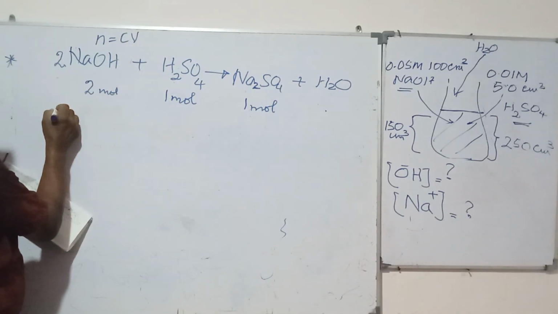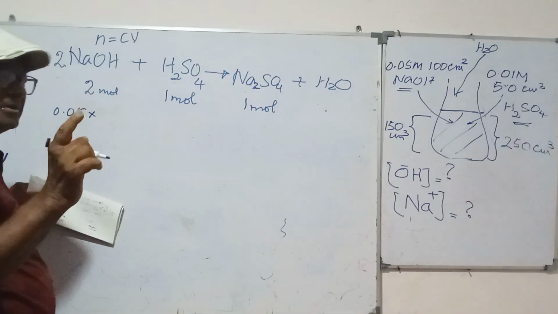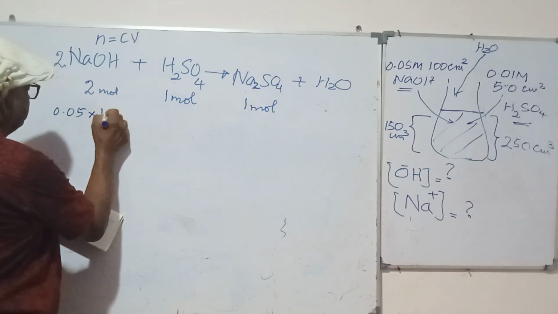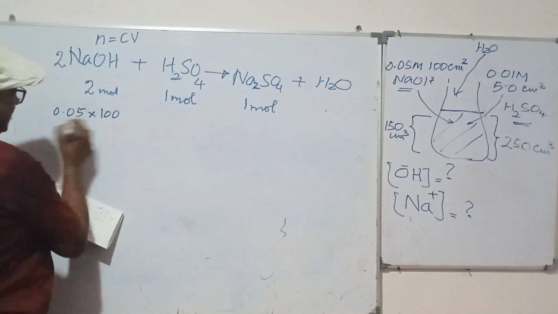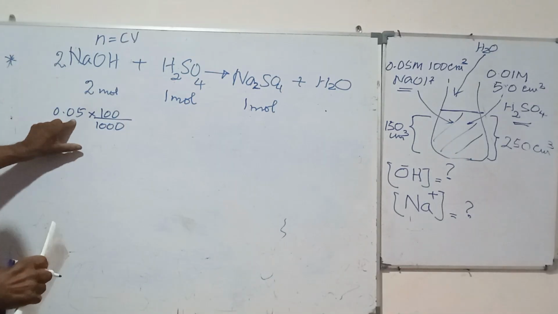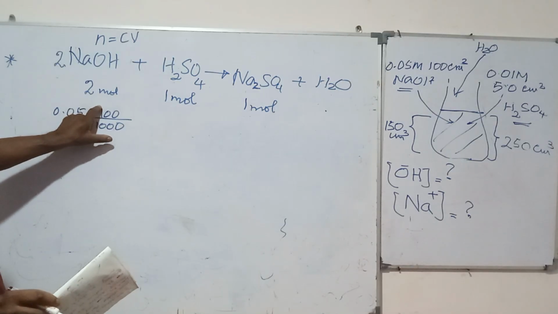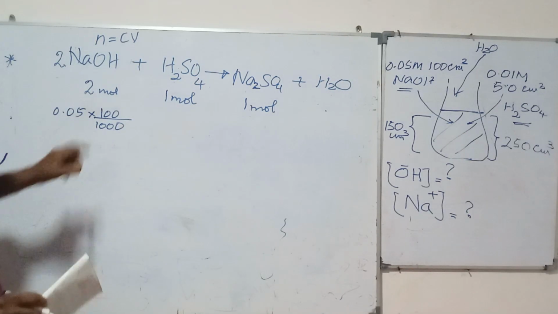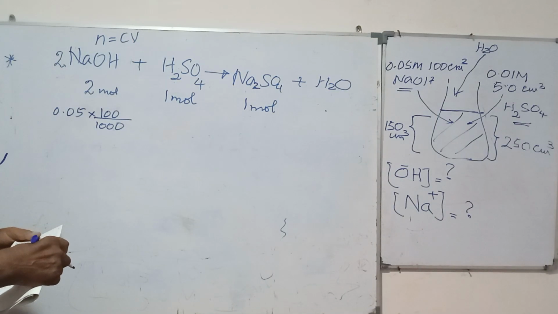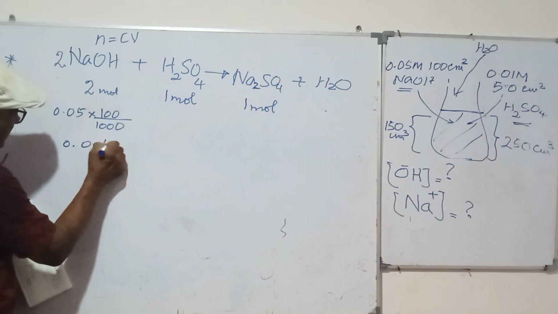C is 0.05, no need for the units, into 100 cubic centimeter, divided by 1000. Right? Concentration in moles per cubic decimeter, volume converted to cubic decimeters. So it becomes 0.005 mole.